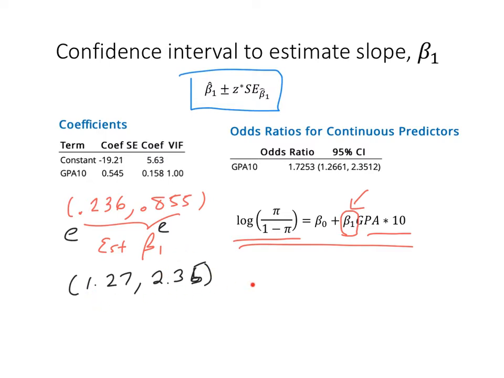So it doesn't matter if your GPA goes from 2.0 to 2.1 or 2.8 to 2.9 or 3.5 to 3.6. What we expect is your odds of getting into med school is going to increase by a factor somewhere between 1.2 and 2.4. Just keep in mind that this is estimating the odds, not the probability of acceptance.